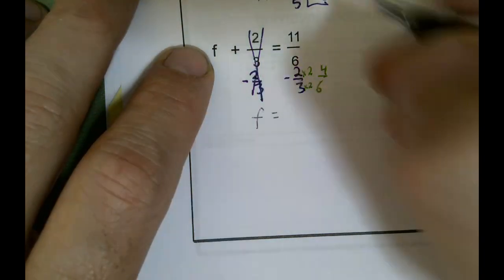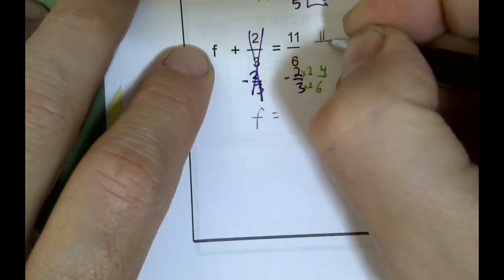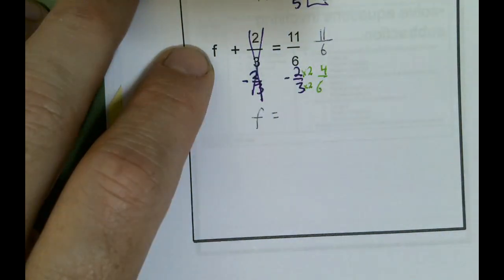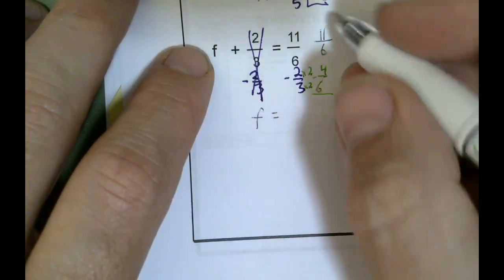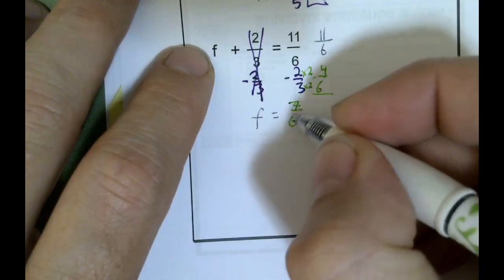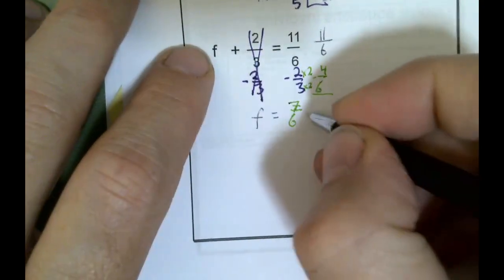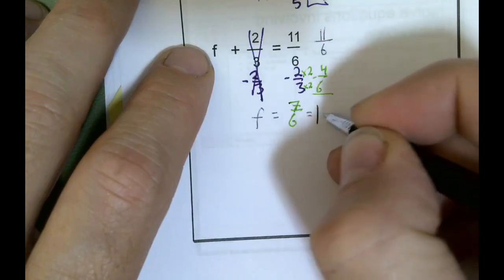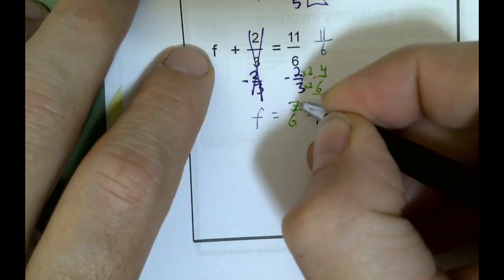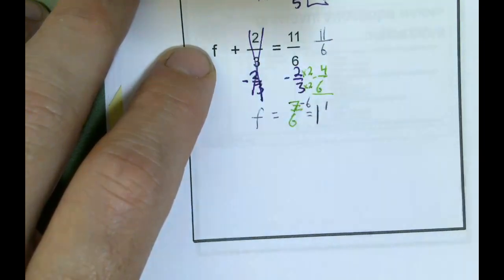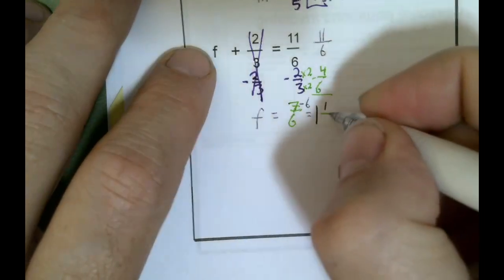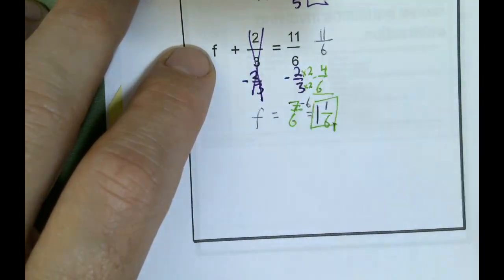So now I can take 11 sixths minus my 4 sixths, and that's where I'm going to get another improper fraction where the bottom number goes into the top number one time. Take 1 times that bottom number. Take that away from the top. That's where you're left with 1 and 1/6.